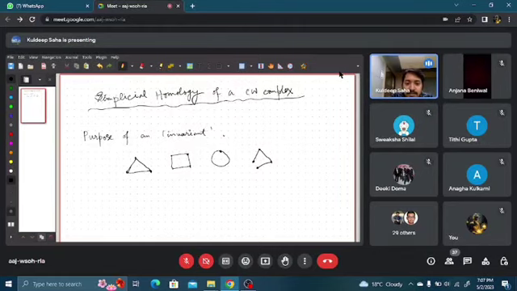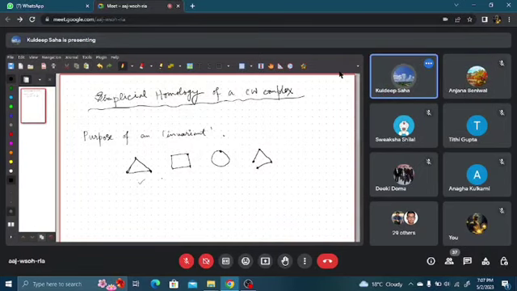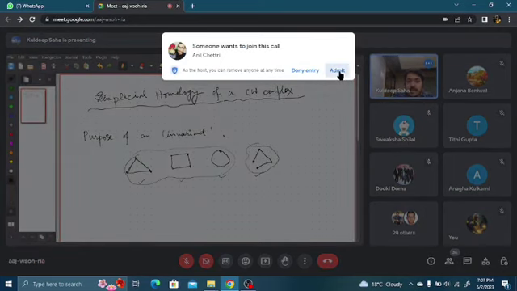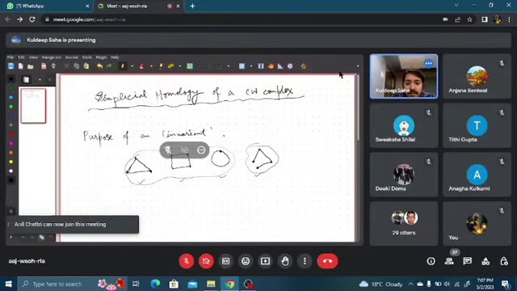So I need to attach an invariant to each of these objects so that the outcome itself will tell me that these three among them are essentially the same, and this is not the same as the other one. That is the kind of invariant I am talking about.